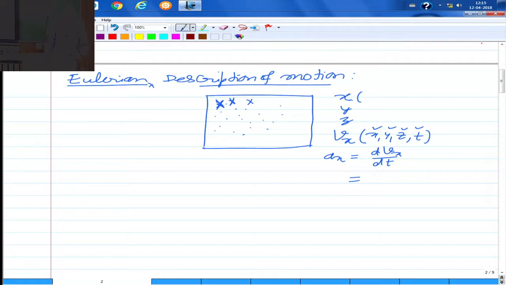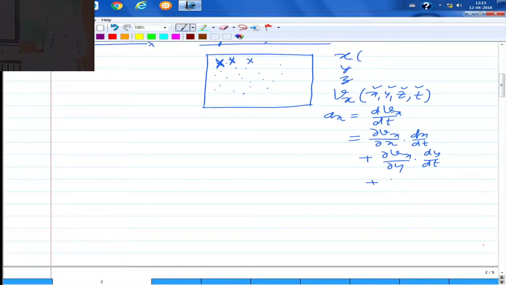So when you write this derivative, you would write del Vx by del x times dx by dt, which is nothing but Vx itself, plus del Vx by del y into dy by dt, plus del Vx by del z into dz by dt, and since it is also an explicit function of time, you have del Vx by del t.